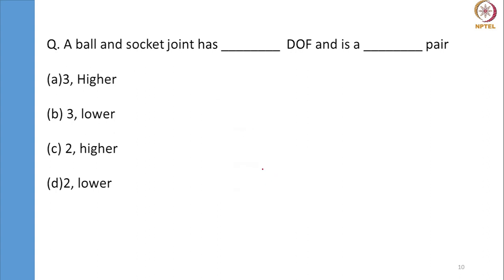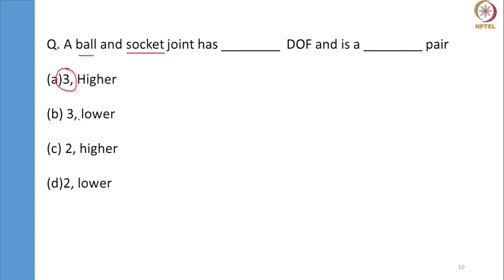This is straightforward, one which we can directly answer. So a ball and socket joint has 3 degrees of freedom, x, y, and theta. So the first one is quite simple, 3, and it is a lower pair because it has area contact, because the ball sits in the socket and it has area contact.